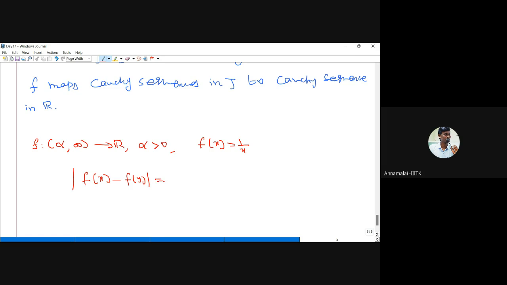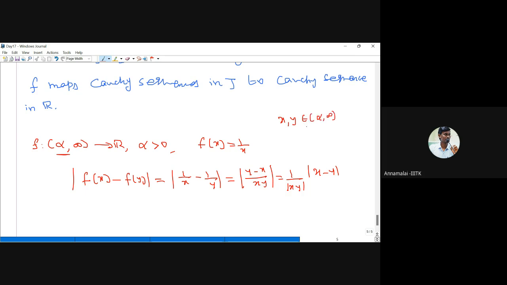By the definition of f, this is nothing but 1 by x minus 1 by y. If you simplify this, you'll get y minus x by x into y. So this is nothing but 1 by mod xy into modulus of y minus x. We can write x minus y, taking the minus outside. Since both x and y are in this interval, x comma y is in alpha comma infinity.